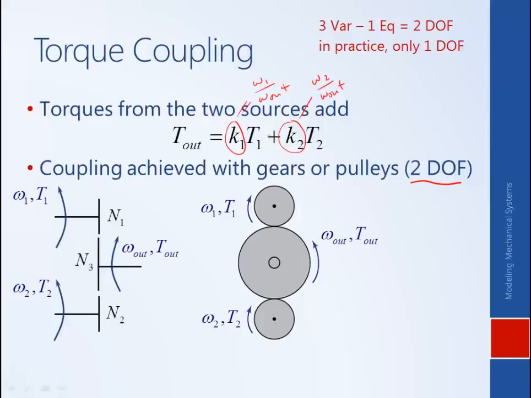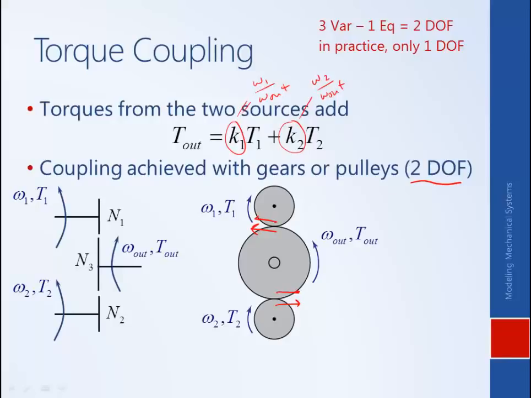Looking at this relationship between omega 1 and omega out and omega 2 and omega out, we have again this sort of fact that the speeds at the input or at the contact surfaces must match. So just like in the previous slide, we had the relationship that the speeds were inversely proportional to the number of teeth.